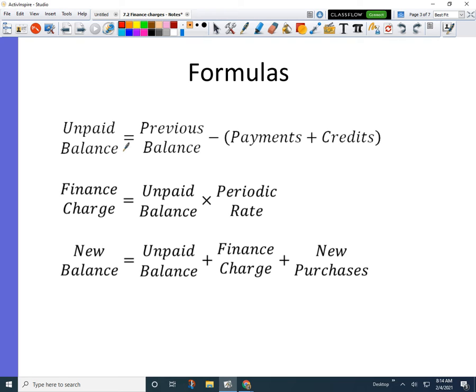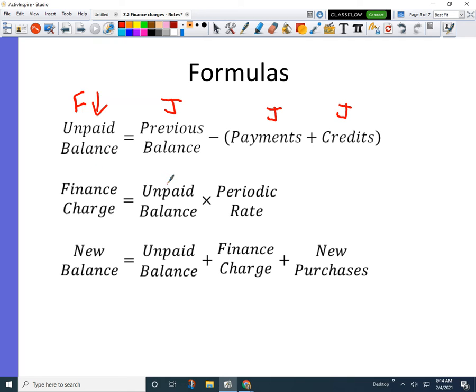So what we're going to do to figure out our unpaid balance, we're going to take our previous balance. So if this is January's balance coming into January, and then we made any payments in January, this would be what we're starting February with, if that makes sense. So you have to figure out the unpaid balance. Then you're going to calculate your finance charge.